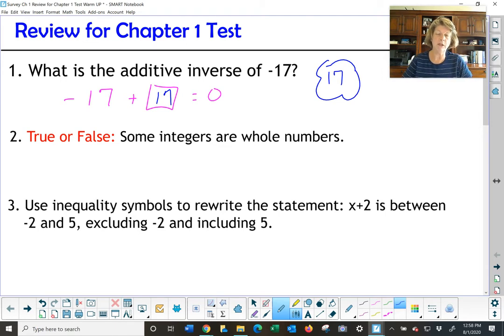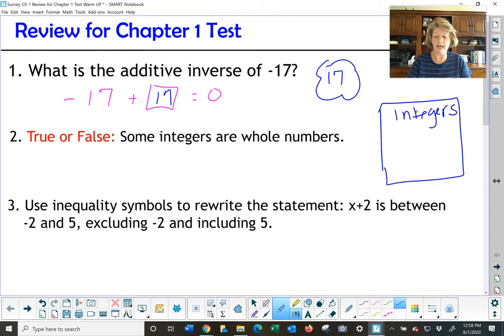True or false? Some integers are whole numbers. Well, when I do these problems, I often think of that Venn diagram and the structure of it. I know that integers is a larger class of numbers than whole numbers. Whole numbers, remember, are those ones that start at 1, 2, 3. Oops, they actually include 0: 0, 1, 2, 3.